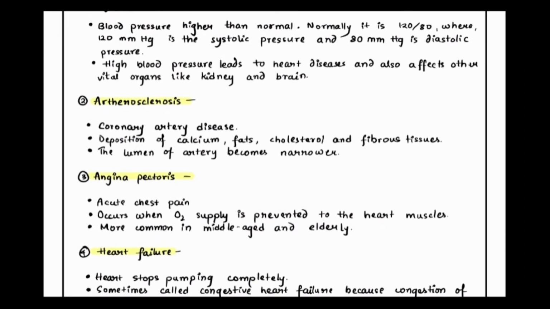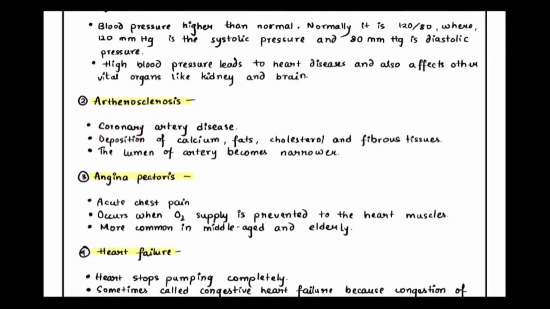Next, the second disorder is called arthrosclerosis. Arthrosclerosis, this is a disease which deals with the coronary artery. Now, if you remember, by the term coronary, we mean that it is something related to the heart.